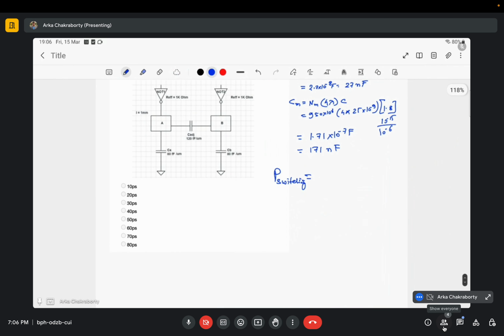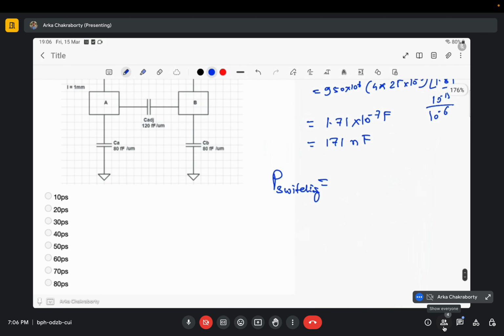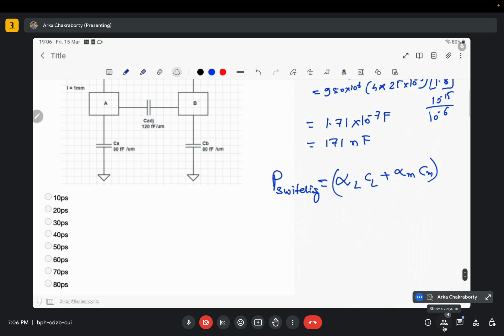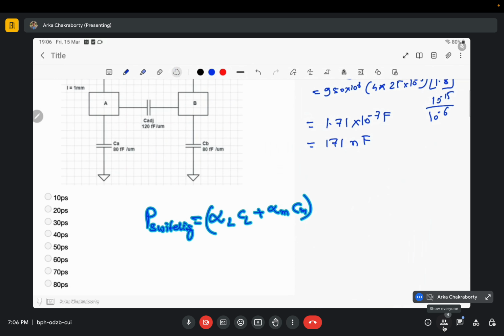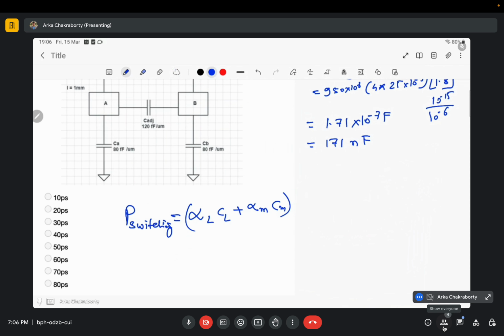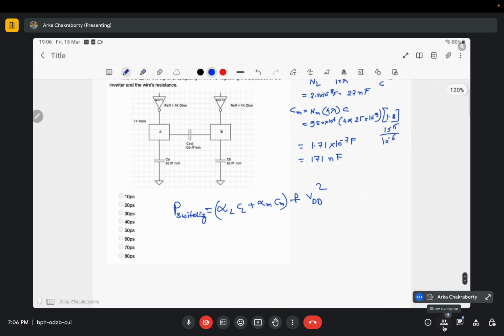So it would become alpha_L C_L plus alpha_M C_M, multiplied by F into VDD square. Correct?